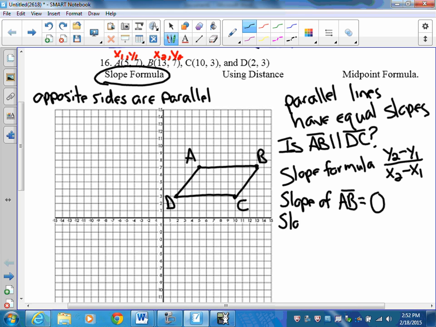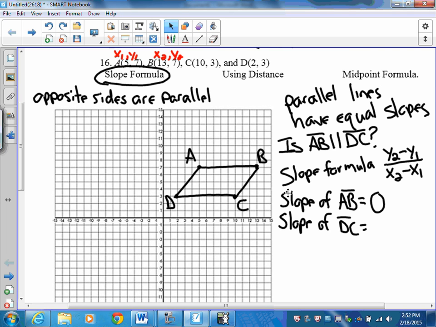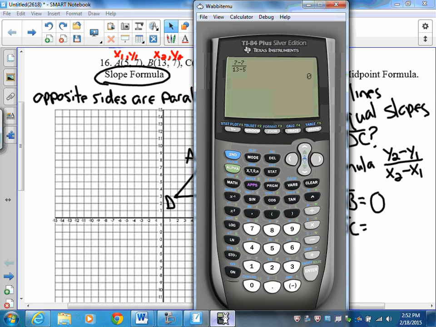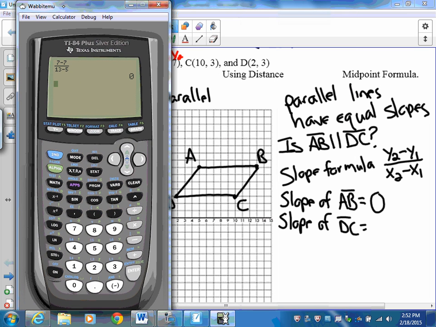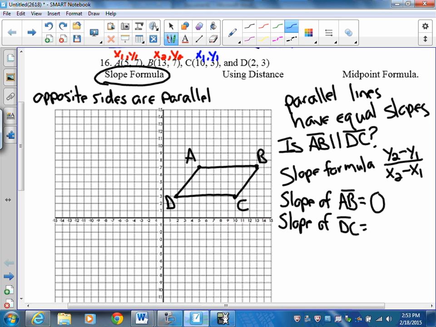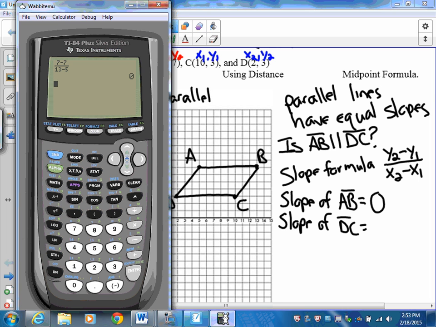What's the slope of DC? So now I'm going to have a new x1, y1, x2, y2. So again, we do alpha y equals enter.